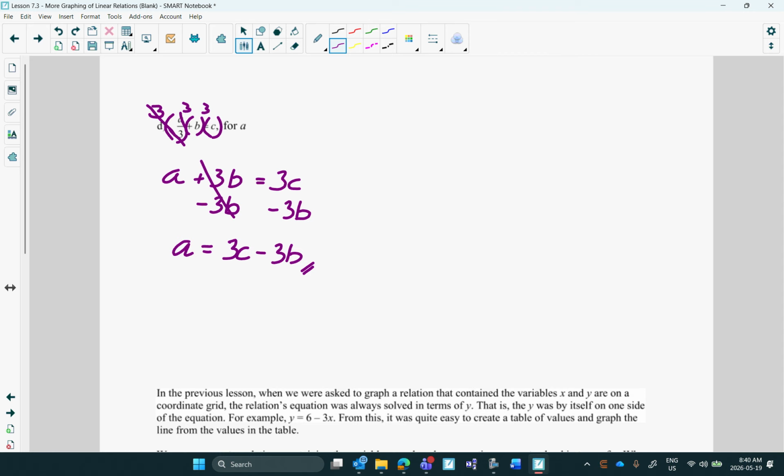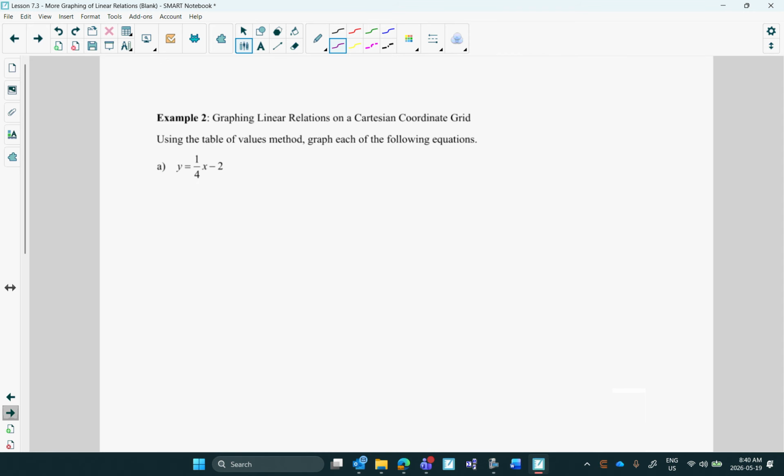Before we do this one, let's do a little bit of an easier one: y equals 2x plus 3.